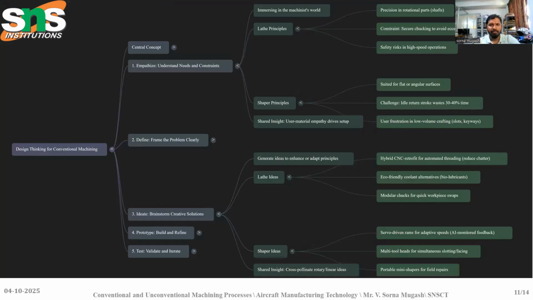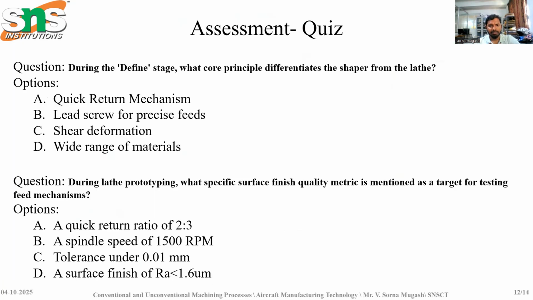And this is the mind map for conventional machining. We take up the empathize and the ideate stages. For ideate, it gives a brainstorm of creative solutions: how we are going to work on a shaper and the lathe.